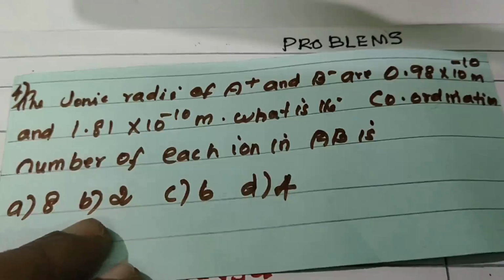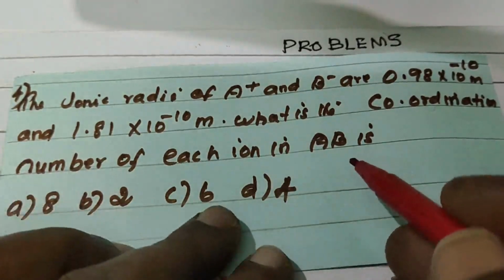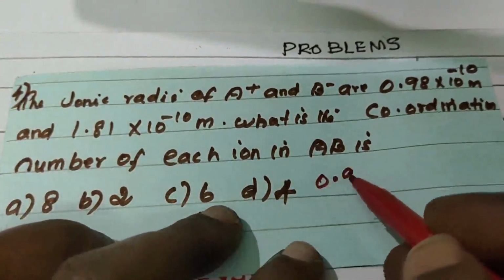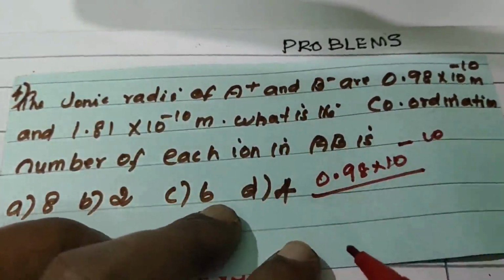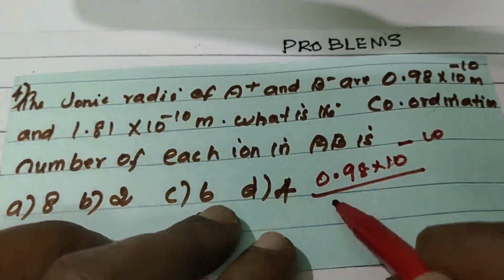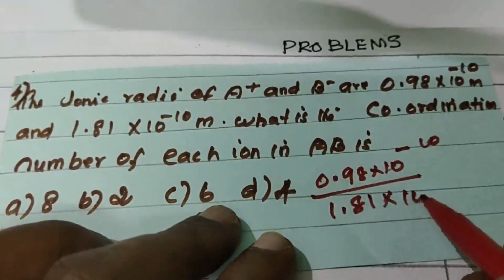Then the fourth problem: the ionic radii of A plus and B minus are 0.98 into 10 raised to minus 10 meter and 1.81 into 10 raised to minus 10 meter. What is the coordination number of each ion? Here we calculate the coordination number. The radius ratio is the ionic radius of A plus, 0.98 into 10 raised to minus 10, divided by the ionic radius of the anion, 1.81 into 10 raised to minus 10.